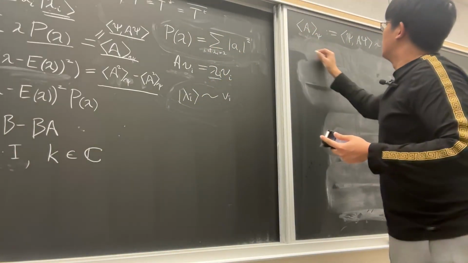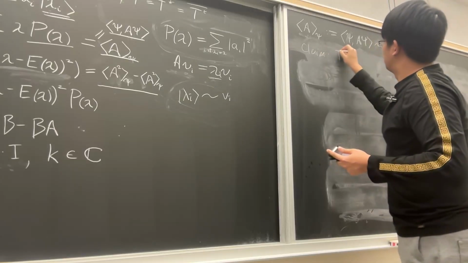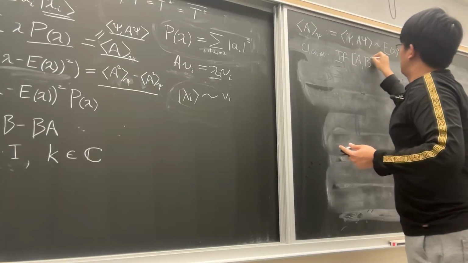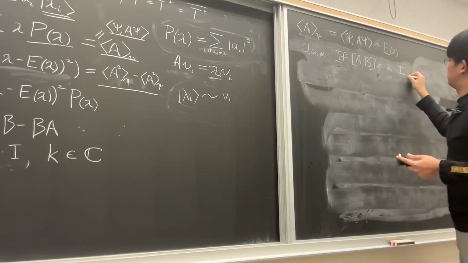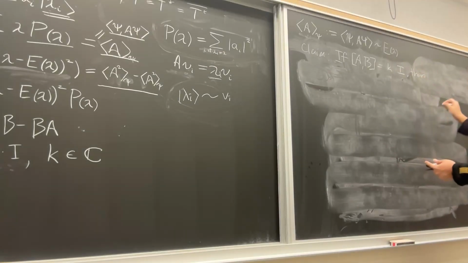If the commutator of A and B is equal to some k times I, then the standard deviation of your measurement A on the state psi, multiplied by that of B, is always greater than or equal to the norm squared of your commutator, just your commutator scalar, over 4.